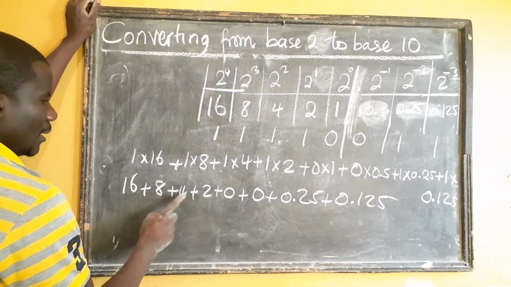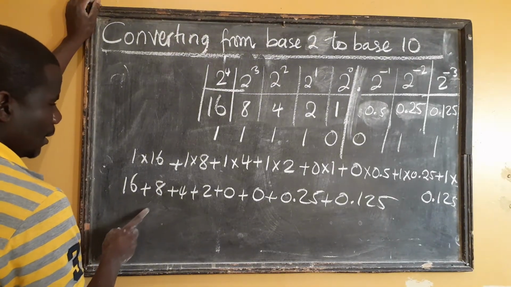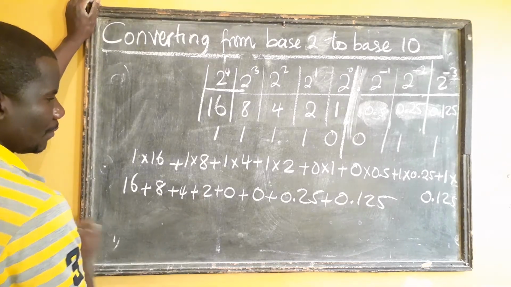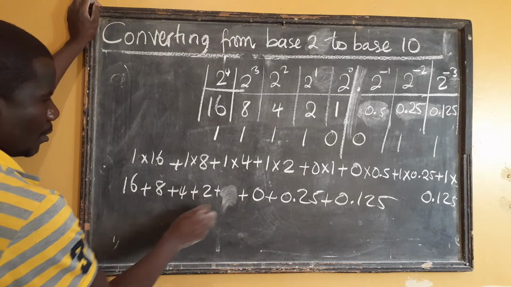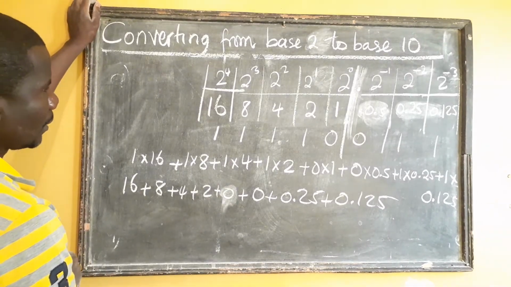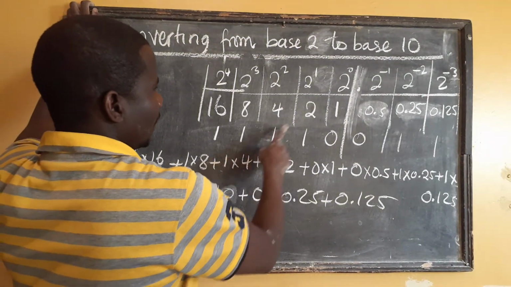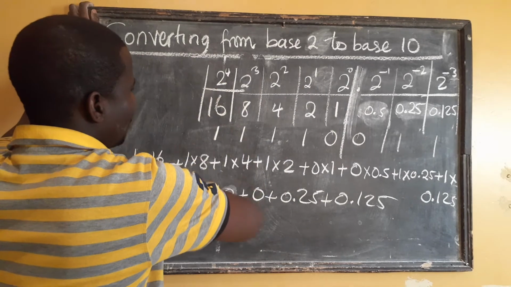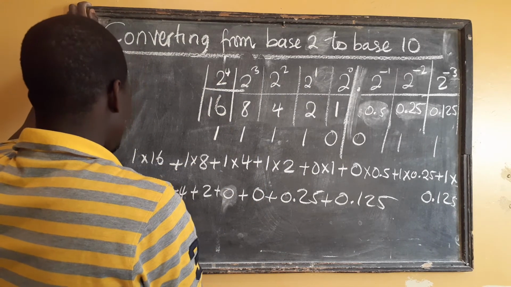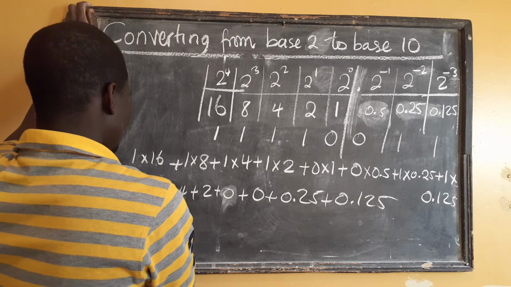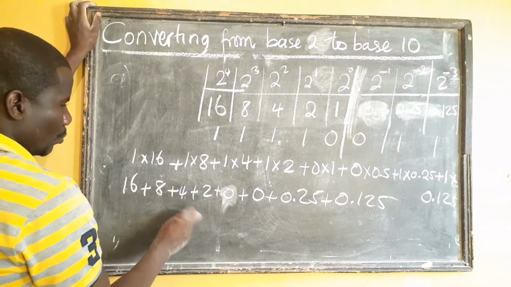What do we get? This is going to give us what? All right, 1, 2, 3, 4, 5. So we have 1, 2, 3, 4, 5. Okay, so this is going to give us 24. Then this will give us 30 here.